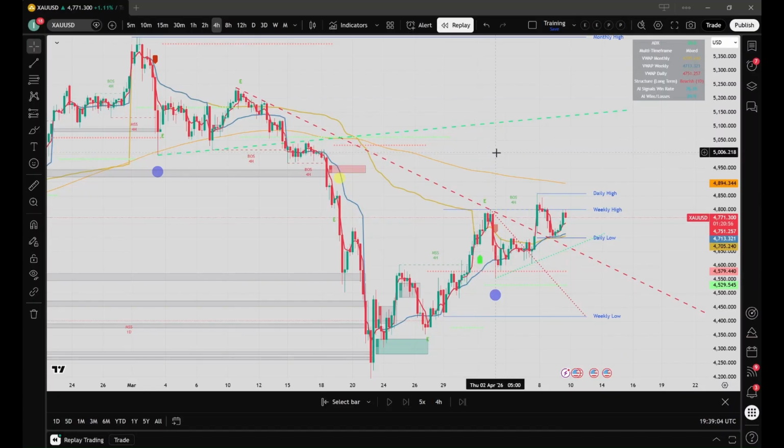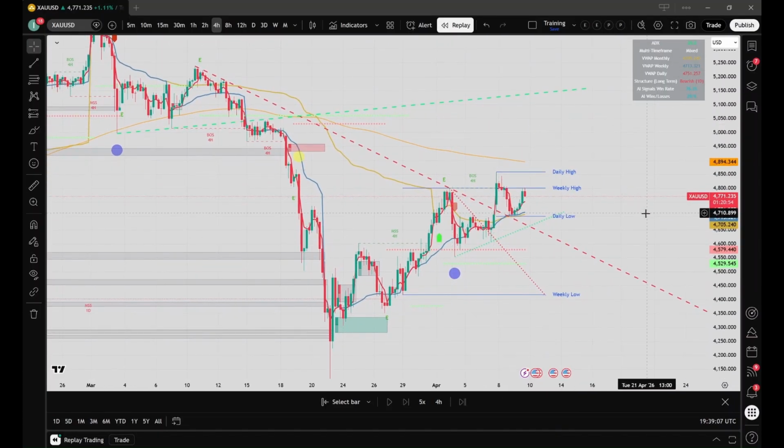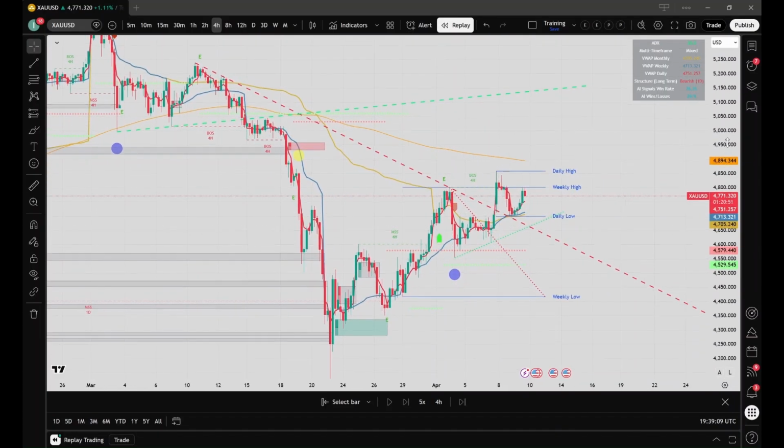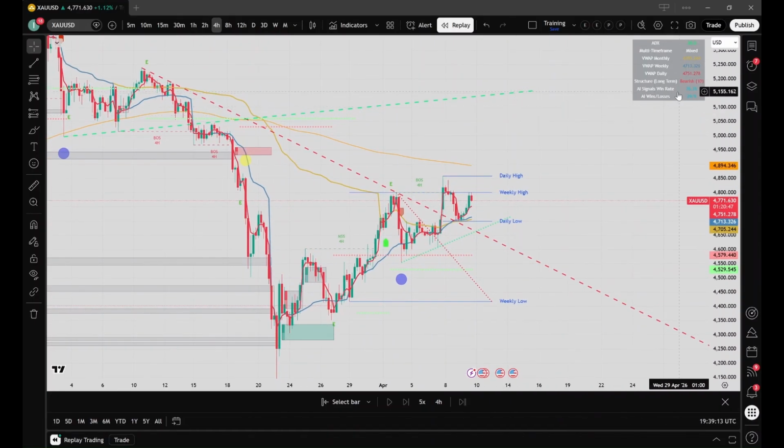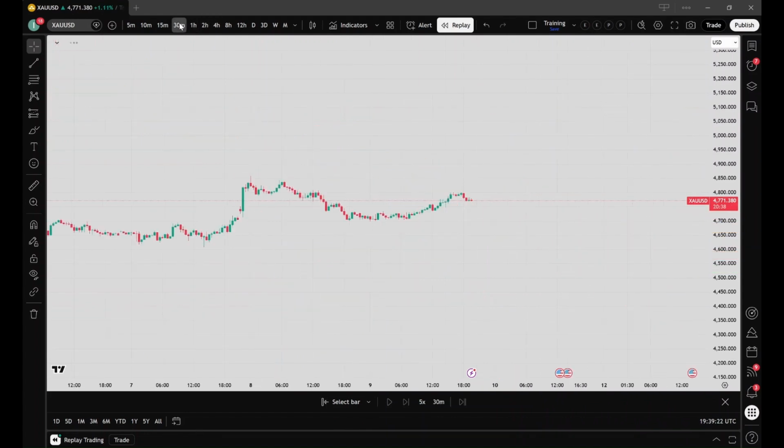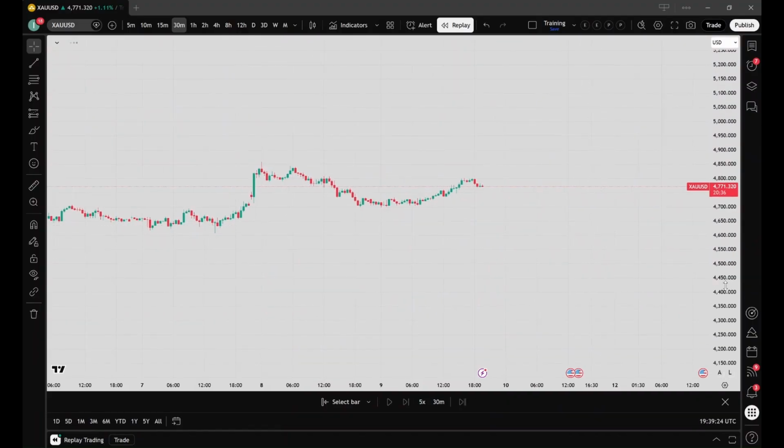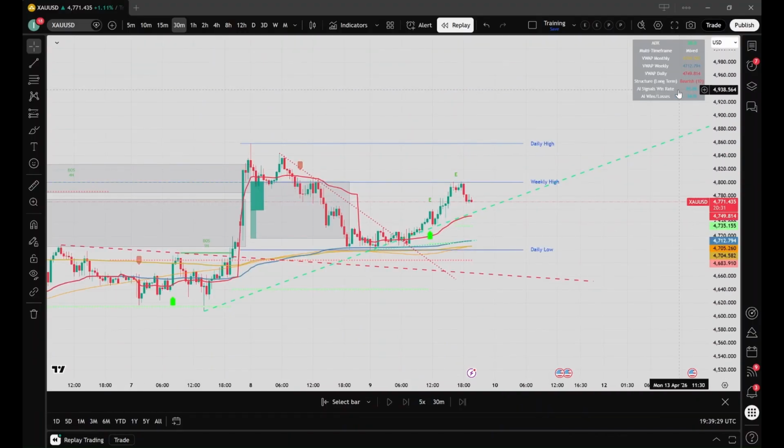Now, the module which got everyone excited last time round was the Johnny's AI module. As you can see, we're currently on the 4-hour time frame. The AI signals win rate is 76%, and the wins and losses, 29 wins, 9 losses. If I flip back to the 30-minute time frame, 81% win rate, 34 wins, 8 losses.